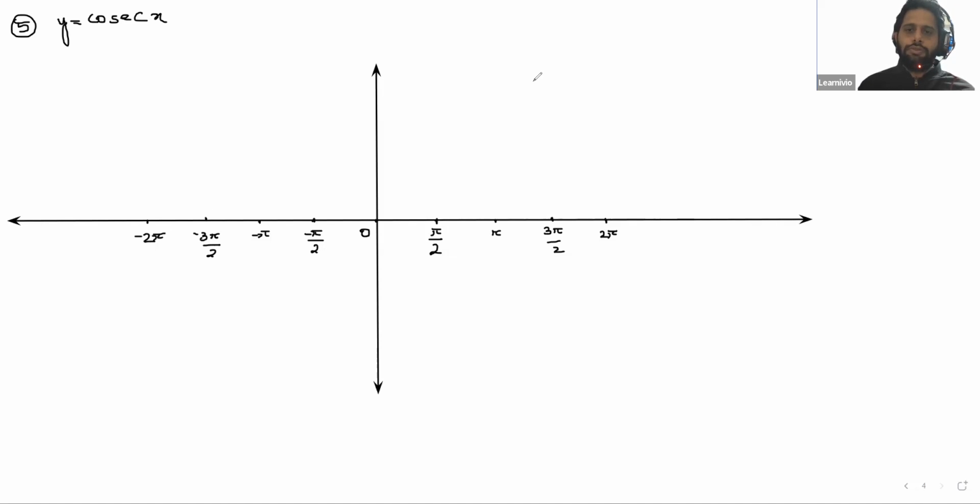Okay, so for 0, this is not defined. So we will draw the line on 0, pi, to pi.